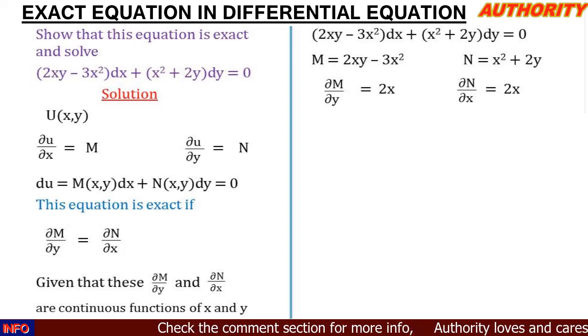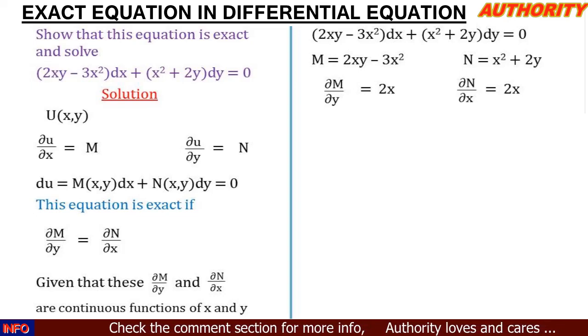Now going to n, we differentiate n partially with respect to x. When we differentiate x squared with respect to x, it's going to give us 2x. And when we differentiate plus 2y partially with respect to x, since there is no x variable in it, this plus 2y is the same as a constant, and the derivative of a constant is 0.